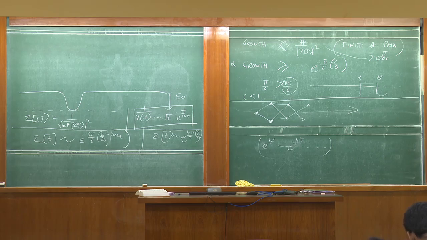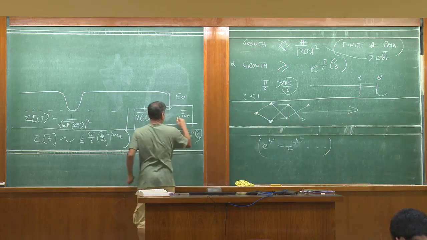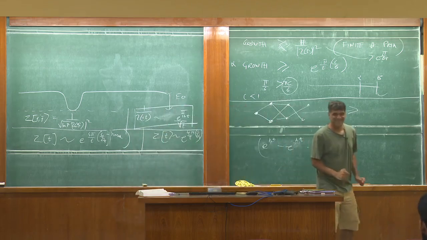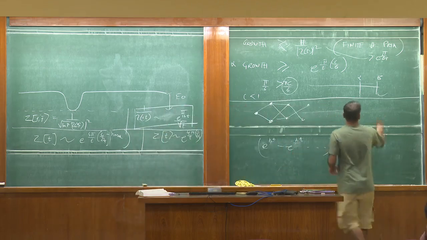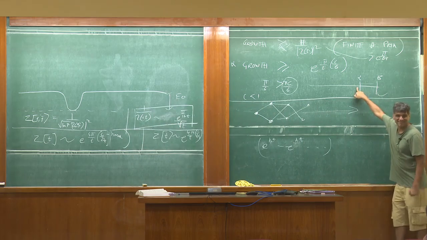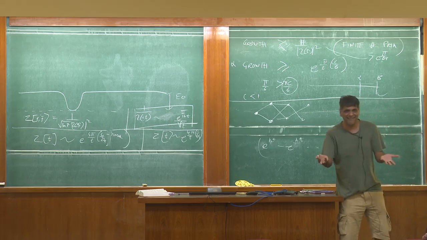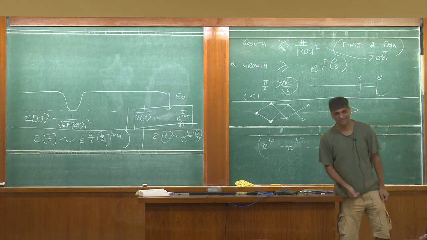If I've written that power correctly, let me check that carefully. 1 over root t, 1 over root t, okay, then it cannot work. You see, because now this guy is not bigger than this guy. Because t is small, so 1 over root t is bigger than 1.